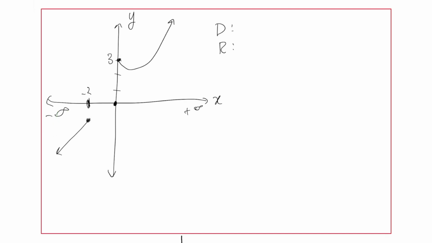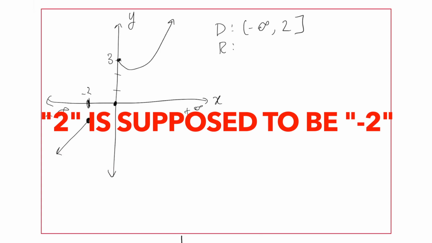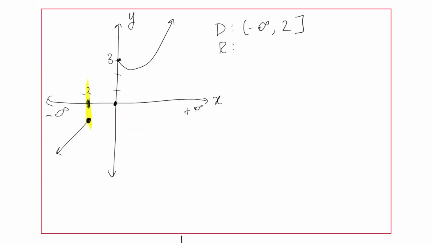Great. With that in mind, let's write these intervals. From negative infinity, not included, we don't include infinity, all the way up to -2, because at x equal to -2, the function exists, it's included. We start with negative infinity because it's the smallest, all the way up to -2.